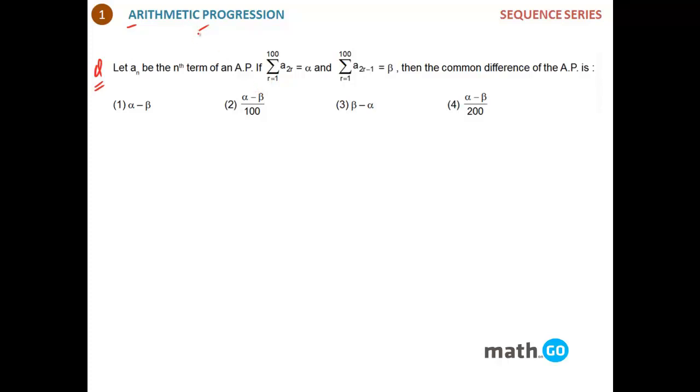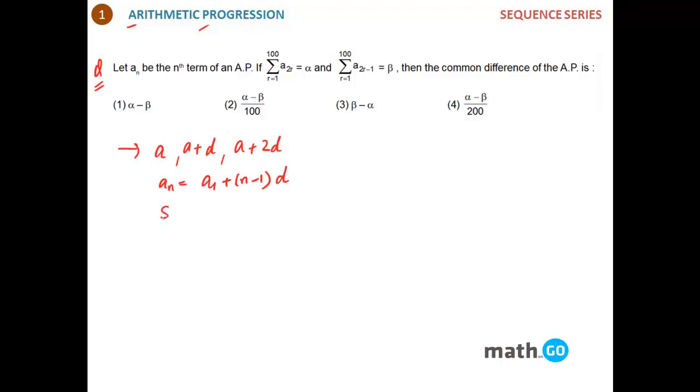We already know what arithmetic progression is. So arithmetic progression is something of this sort. If I talk about the very basic, which you must remember, where we talk about this d as common difference, right? So every term is being added by a constant number, which remains same for the entire AP. So this is actually what is called as AP. We also remember the formula for an, that is a1 plus (n minus 1)d.